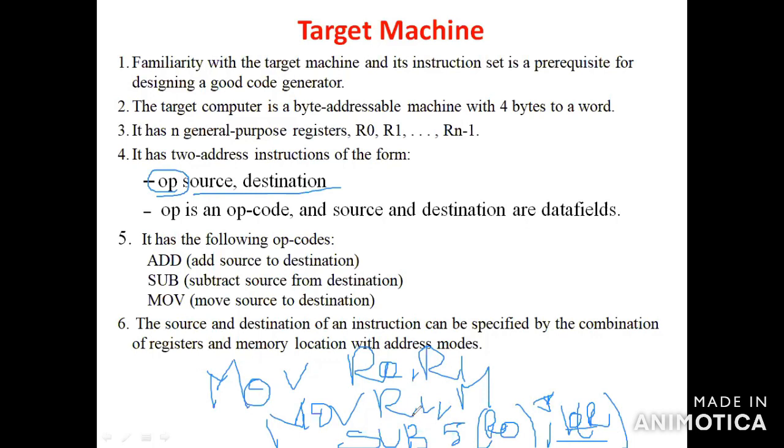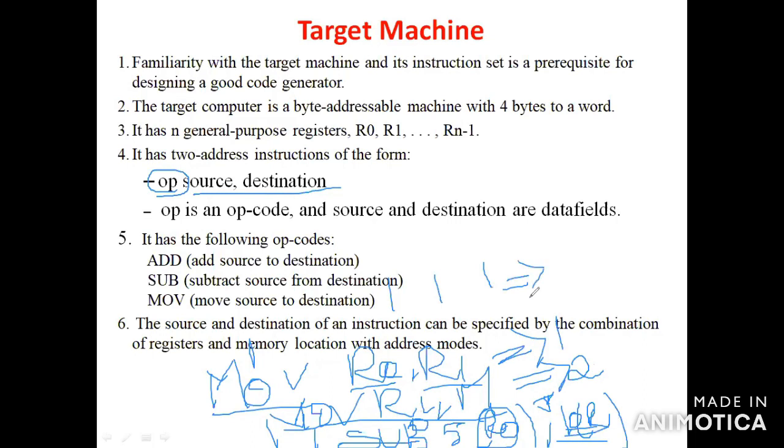How do we calculate the cost for the given target machine instructions? For MOV R0, R1: the move is 1, R0 is 0, R1 is 0, so the total is 1. Next, MOV R1, M: the move is 1, R1 is 0, M is 1, so the total cost is 2. Then SUB is 1; 5(R0), where R0 is a register but the constant value is 1; and 10(R1) is 1.